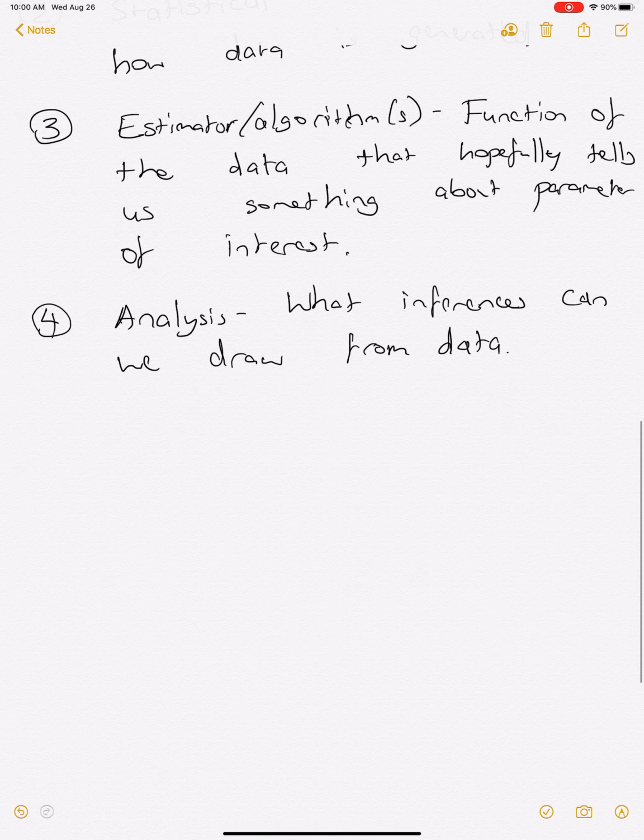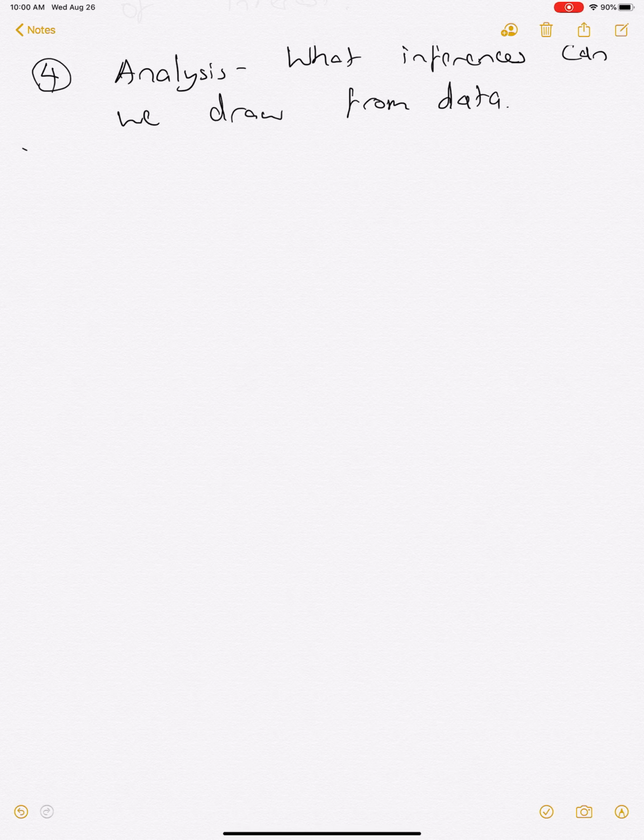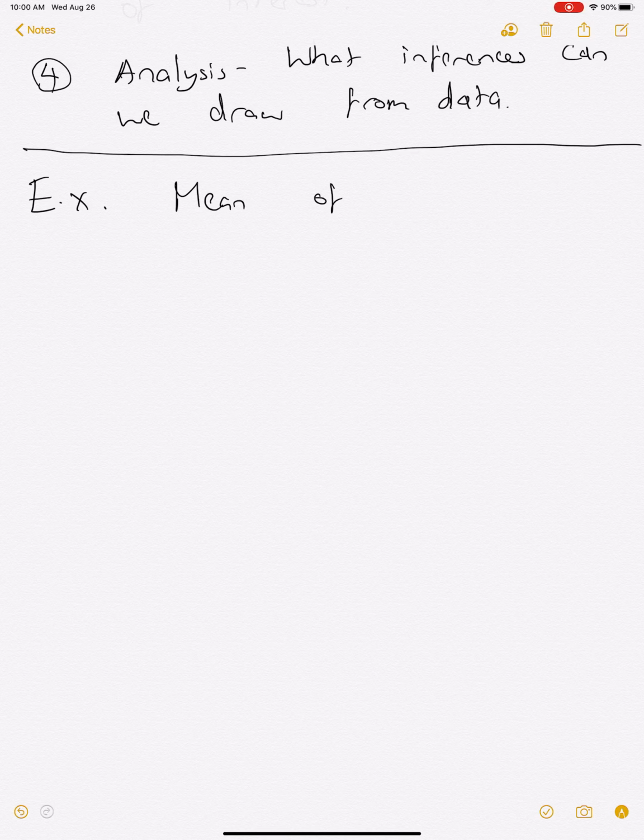I'm going to illustrate this with an example, because this is all pretty abstract at this point. Let me illustrate this with a very, very simple example. We're going to look at the mean of independent normals.